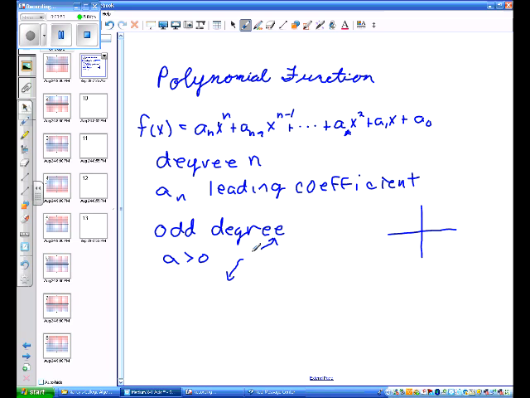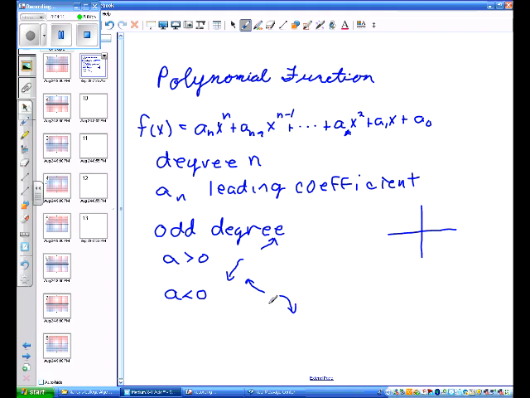Now, as I said, I left a space there in the middle because we don't know what happens in the middle yet. We're going to find that out. If your leading coefficient is negative, then it's going to go up to the left and down to the right.